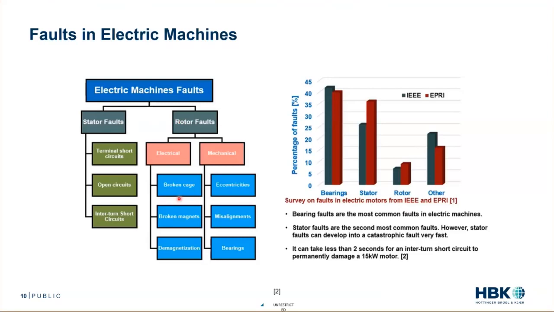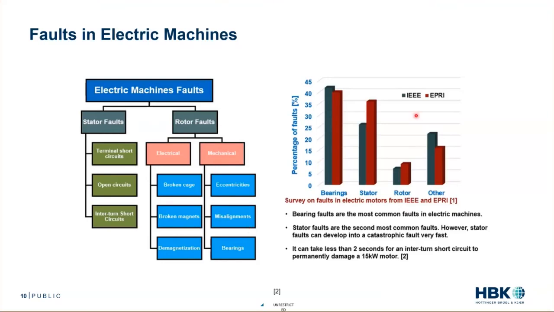And the electrical failures are going to be broken cage if you're working with an induction machine, broken magnets. This is often on insertion or if the machine is seeing a really rough profile, or demagnetization. On the mechanical side, we have eccentricities, which is the rotor becoming uneven, misalignments, and bearings.